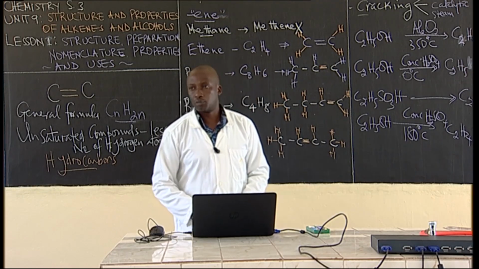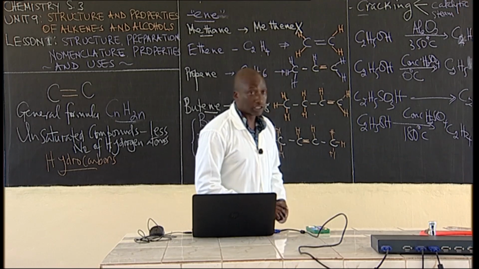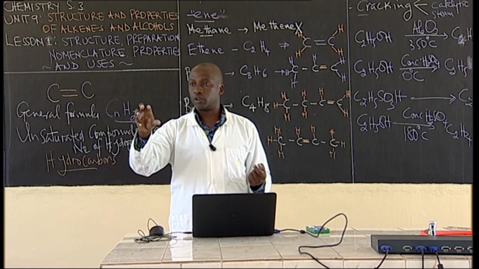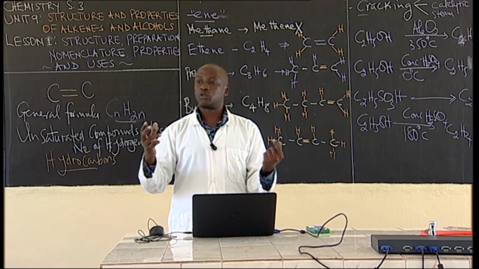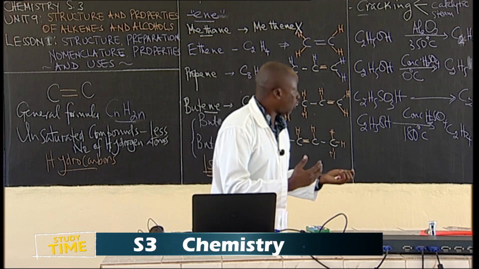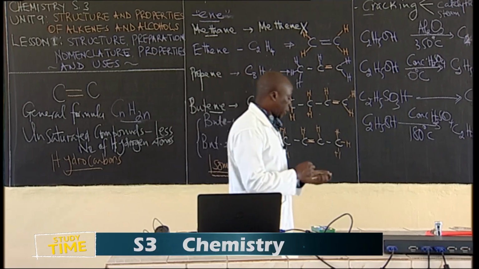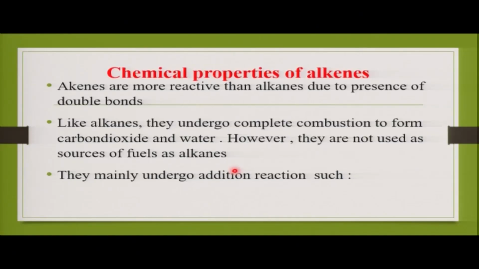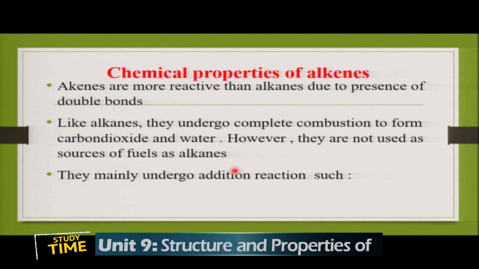So we can look at the chemical properties of the alkenes. They are reactive because of the presence of the double bonds. They are very reactive compared to alkanes. So first of all, like alkanes, they undergo complete combustion. For example, if you have ethene, under combustion, you have ethene, C2H4 plus oxygen.